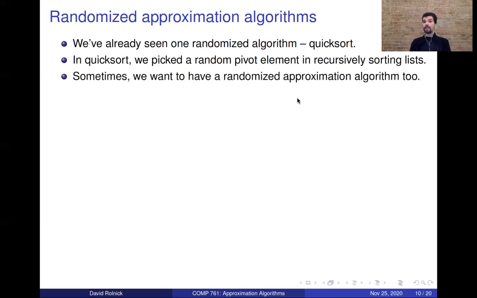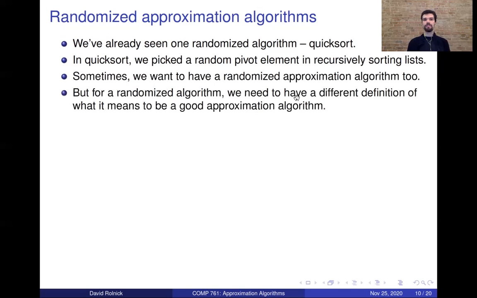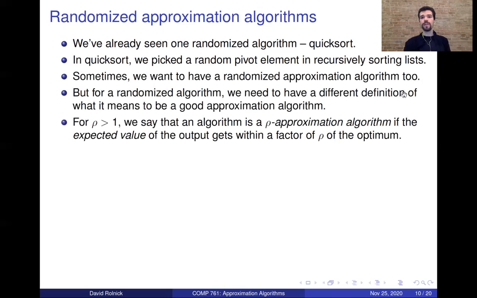Sometimes we will want to have a randomized approximation algorithm. But we need a different notion of approximation algorithm if we're going to have our algorithms be potentially randomized. So what is the new notion of approximation algorithm that we need here? Well, previously we said that we had to get within a factor of rho.